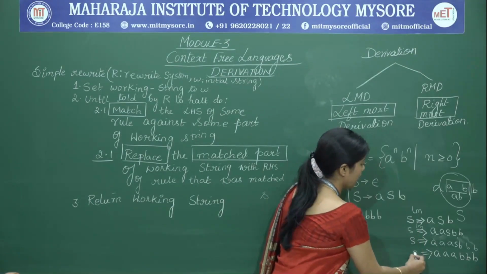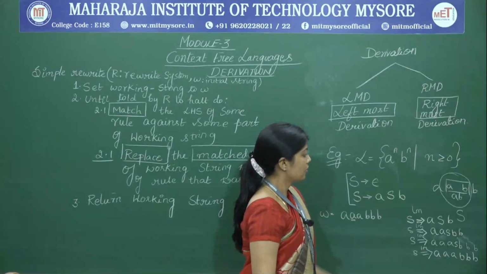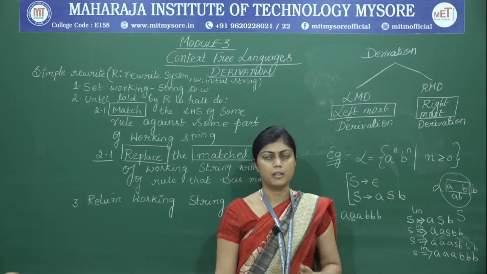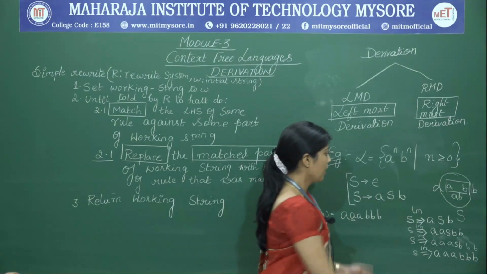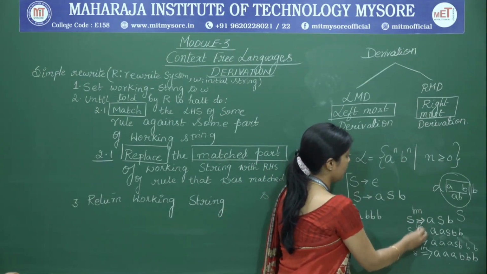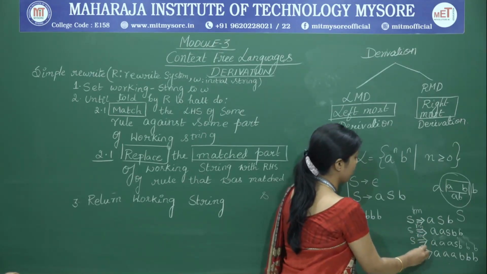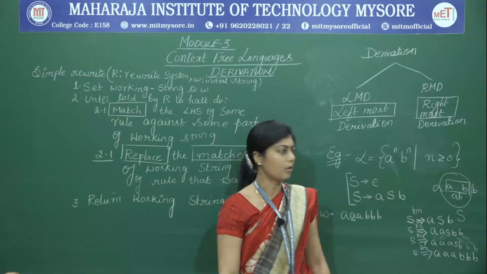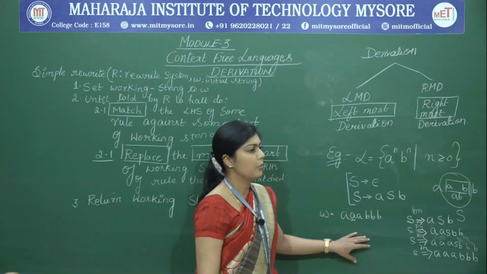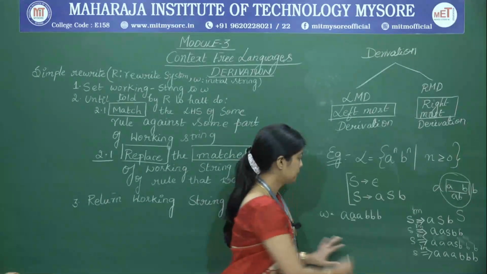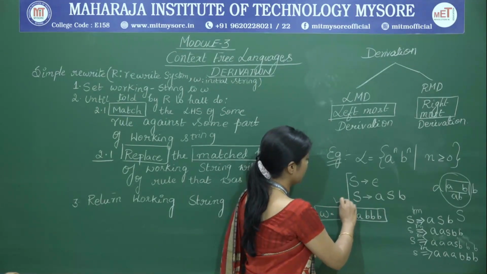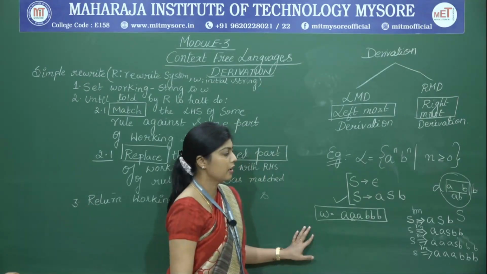So S in every step and LM on the derivation. Since the same S is both the leftmost variable and the rightmost variable, I may even call this a rightmost derivation. So in every step I am going to write RM. Okay. So this is how we derive a string W by using the production rules of the grammar.